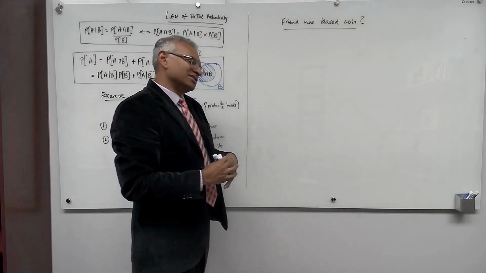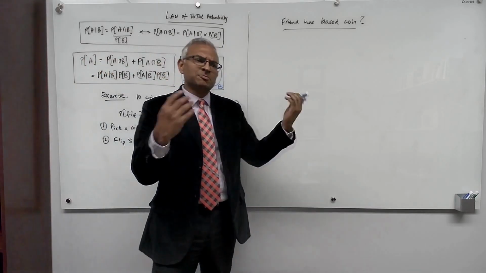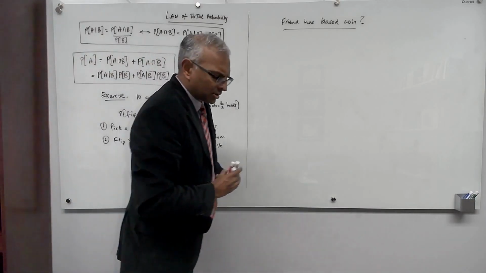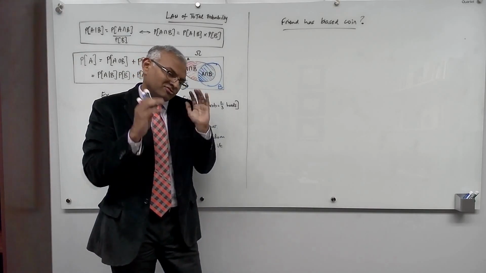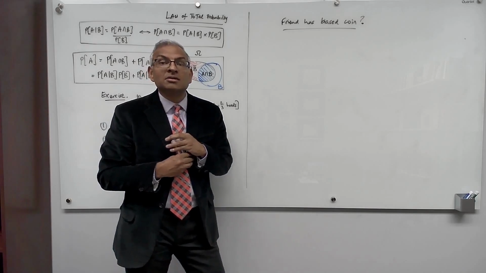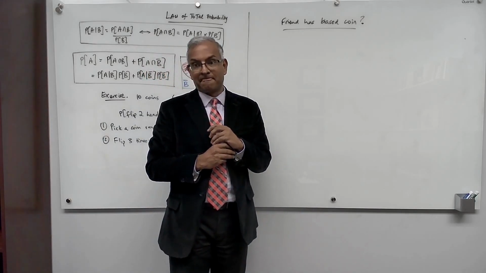So what you're going to do is instead of putting your friend on the spot, you propose, okay, let's play heads I win, tails you win. And we'll use your coin, which I'm going to sort of trust is fair, but I'm going to somehow manage to ensure that it is fair.